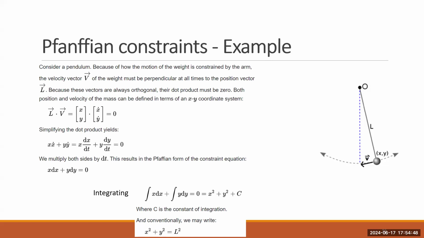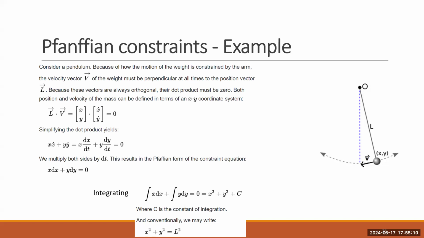The 2 doesn't matter because of the zero. So this is x x dot plus y y dot, and this is actually the constraint.